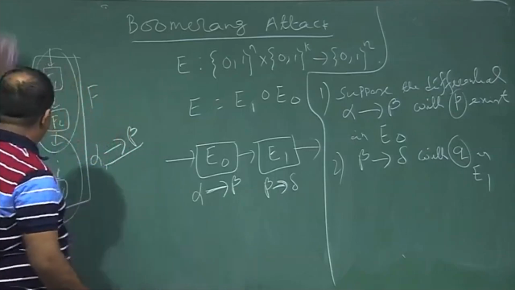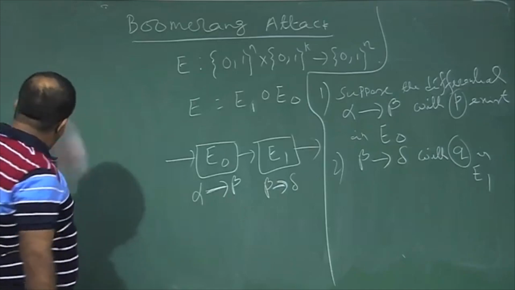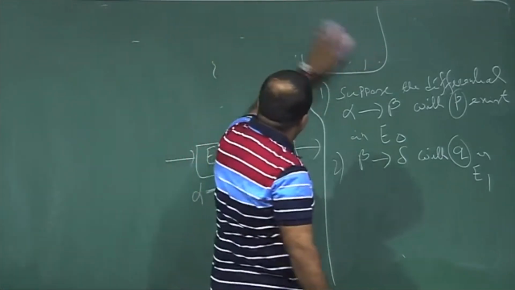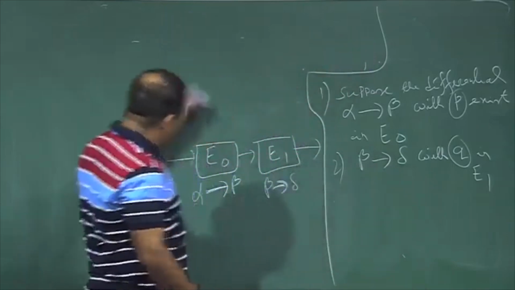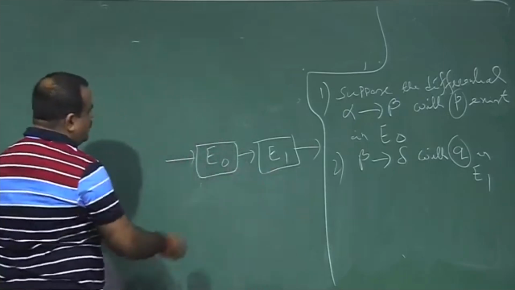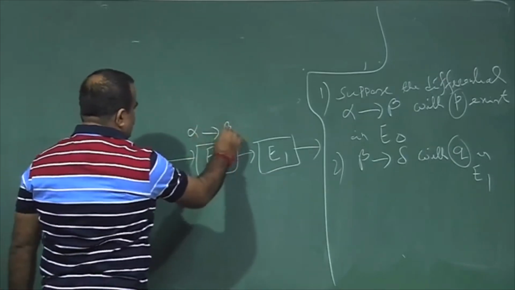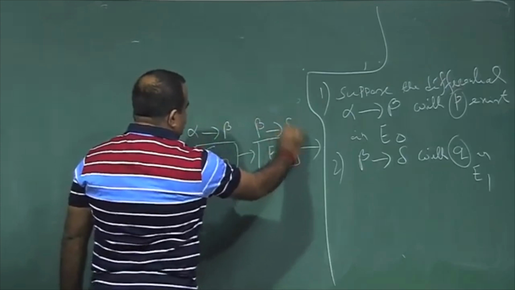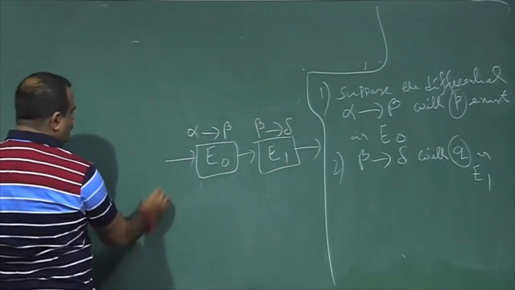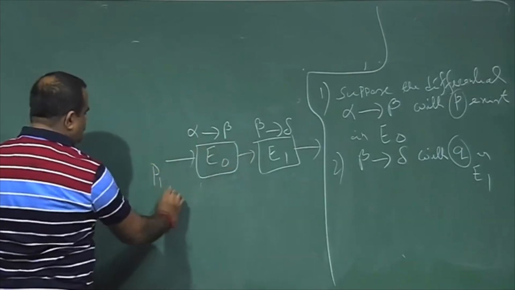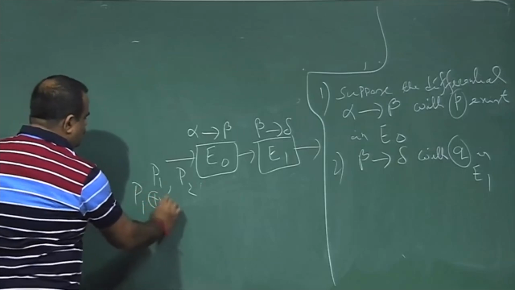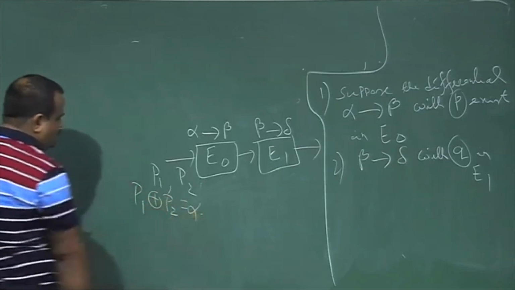So, how? The idea of this attack is that we know the differential here is alpha beta and here the differential is beta delta. Now, we first choose plain texts P1, P2 such that P1 XOR P2 is alpha.